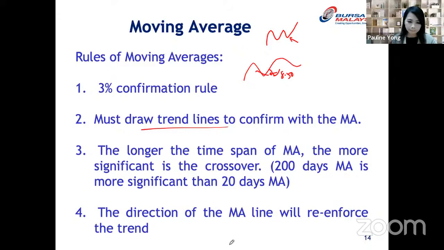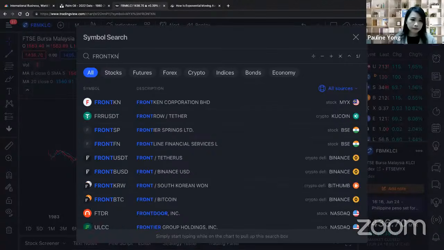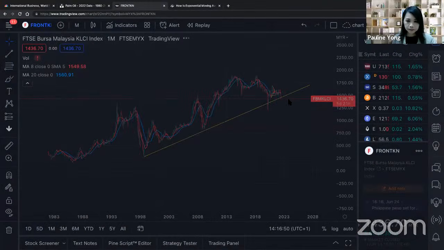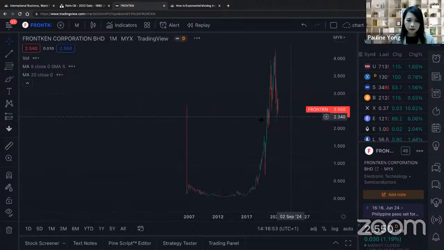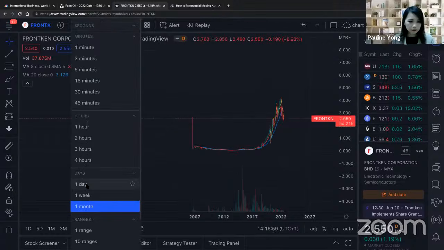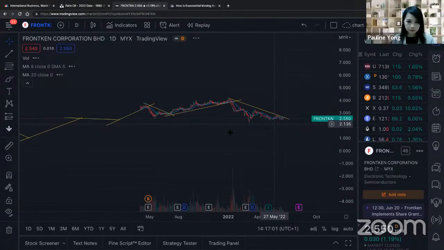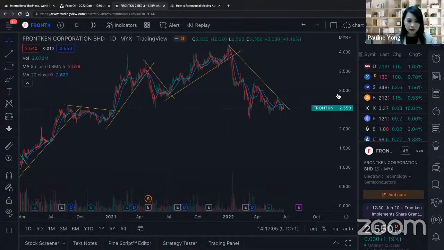So let's say, okay, I'll show you, back to Franken again. Okay, so that's the daily chart. Say for example, this one I changed back to 200.